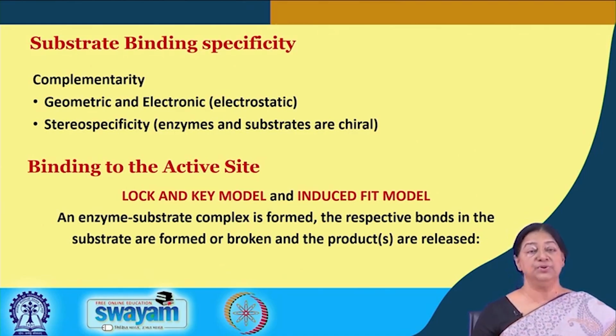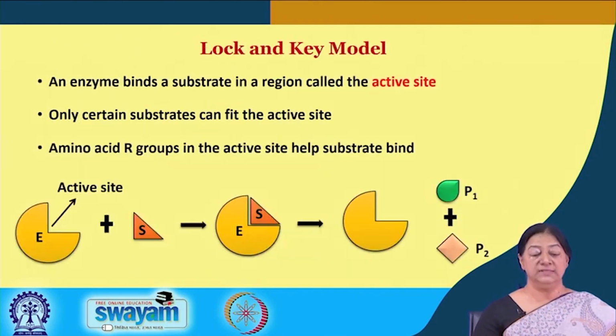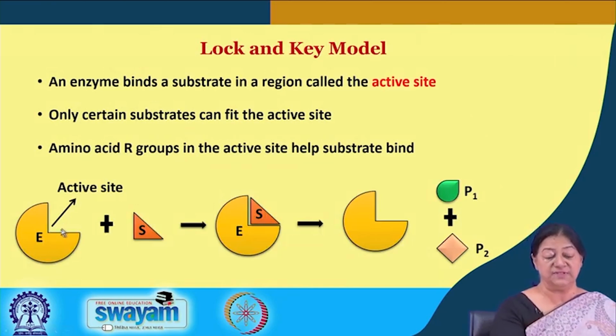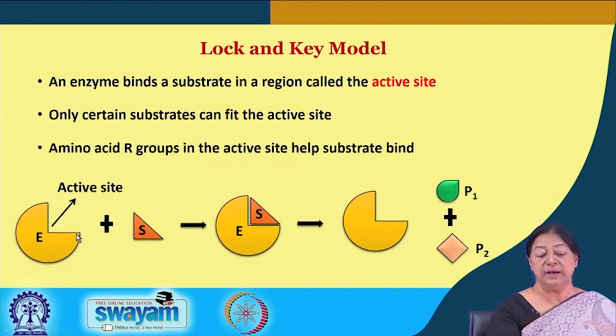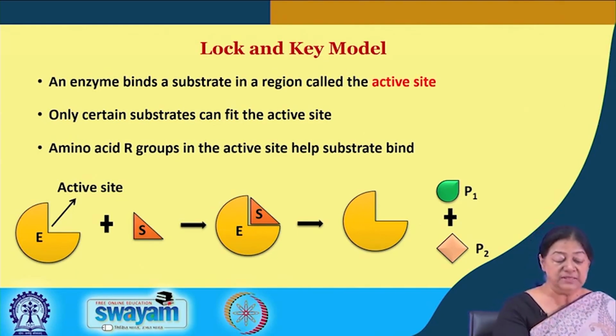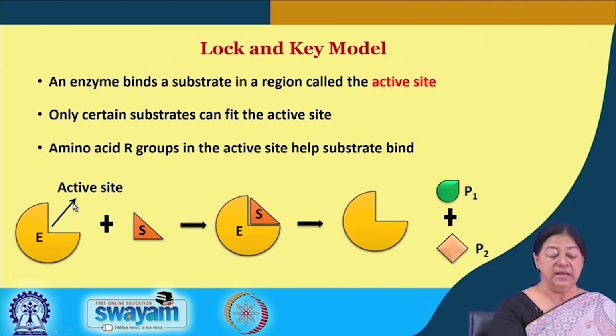Let us look at these two different types. One is the lock and key model. In this, we have the active site of the protein. The enzyme binds a substrate in a region called the active site, and we learned that only certain substrates will be able to fit the active site, which means that if we have a circular substrate, it is not going to fit in the active site here.